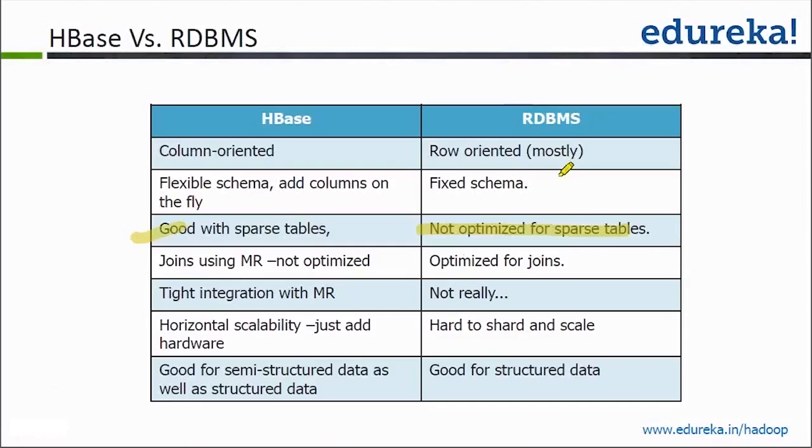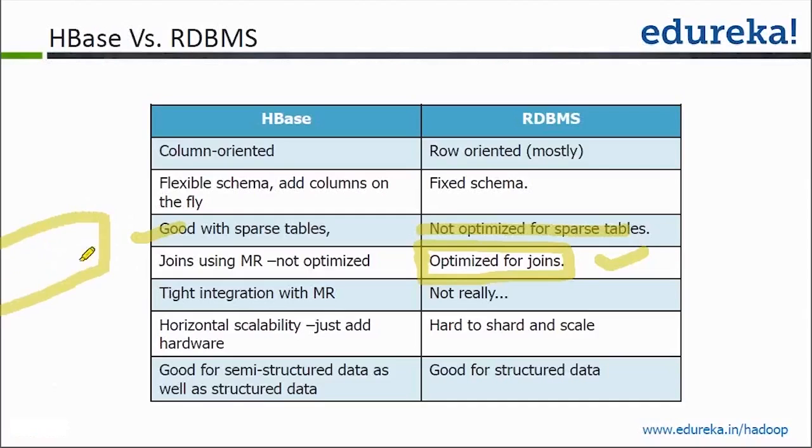RDBMSs are basically designed to support joins, right? So all the research and innovation you see in RDBMS, like how fast a join can happen, is the key USP of that particular database. HBase is not designed for joins, so you don't have the join. Instead, it offers you the ability to store the data in a denormalized way.